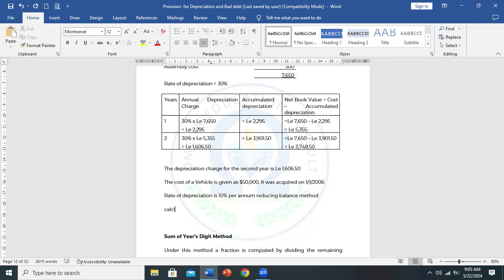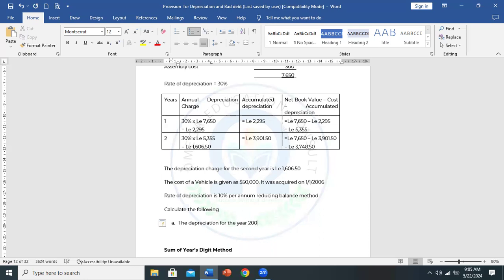Calculate the following. A, the depreciation for the year 2008.